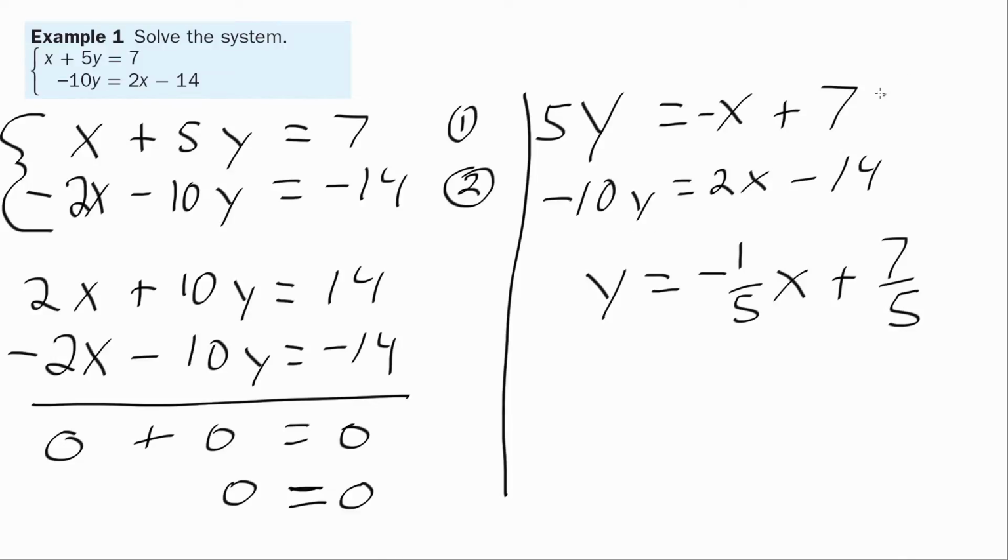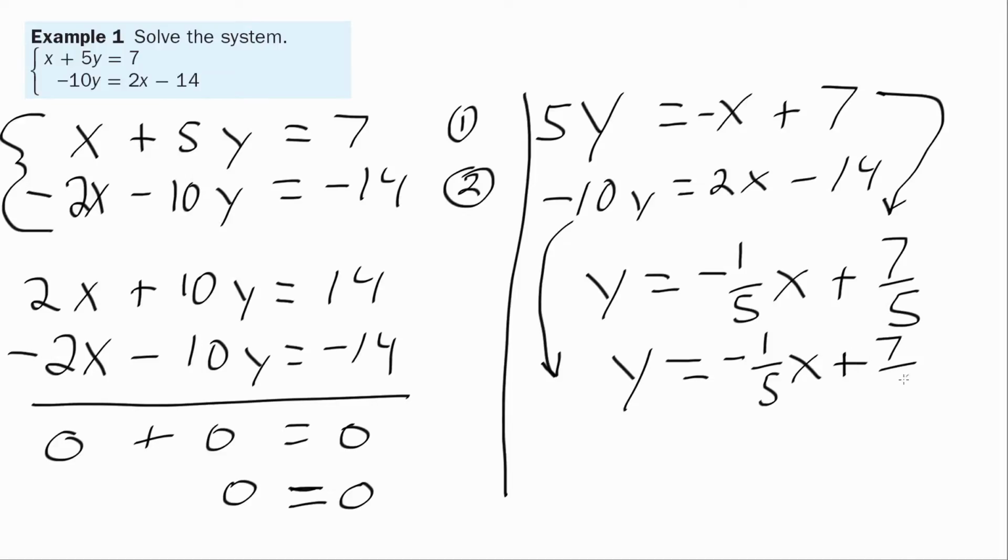That's for equation 1. For equation 2, y equals negative 2/10, which reduces to negative 1/5 x. Negative 14 over negative 10 reduces to a positive 7/5. And we see that we can simplify both of these to give exactly the same equations in slope-intercept form. So these are parallel and coincident lines.